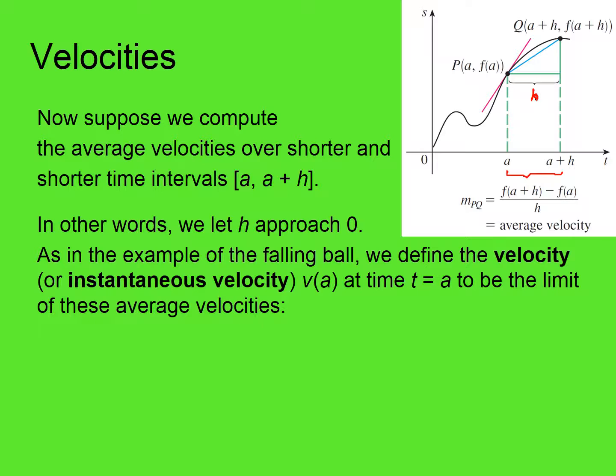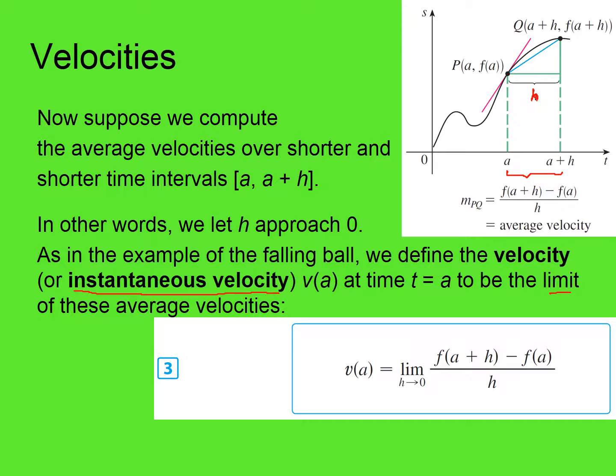As in the example of the falling ball, we define the velocity or instantaneous velocity. Well, those aren't the same thing. But if we're talking about the limit, then we're talking about the instantaneous velocity, the velocity at an instant, at time t equals a to be the limit of these average velocities. Okay, so the limits of the slopes of the blue lines that we get as we let h go to 0.